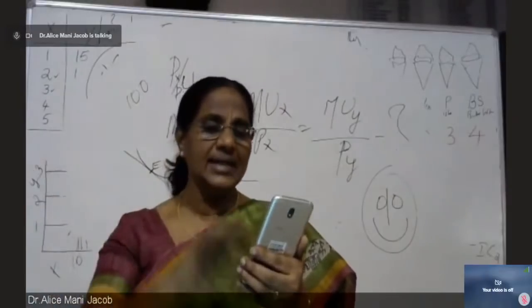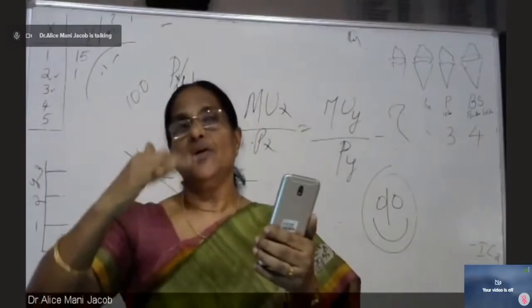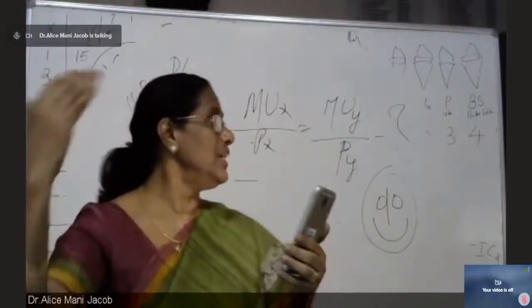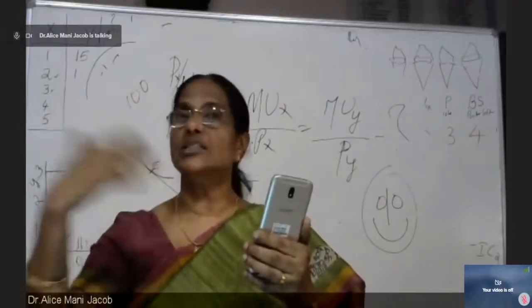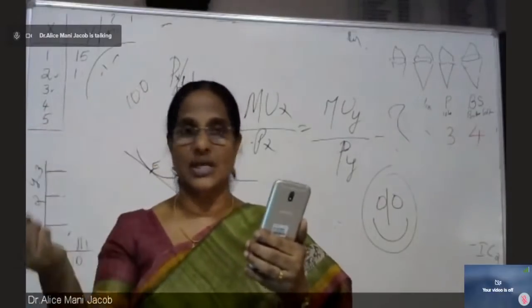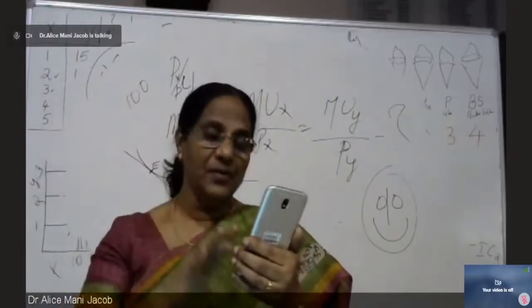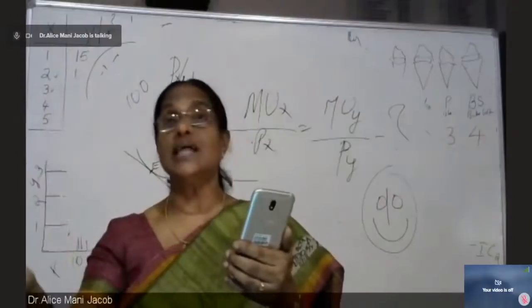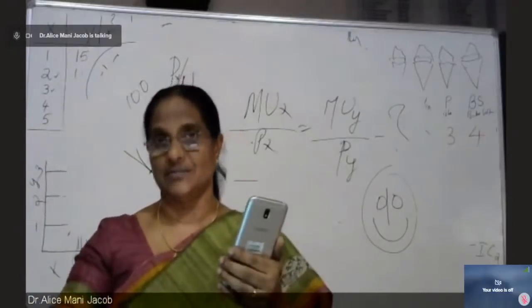We only say that a higher indifference curve is better. For example, the difference between IC1 and IC2, how much satisfaction difference is there? We are not saying. We only say that a higher indifference curve is preferred because it has greater satisfaction than a lower one. We don't assign numbers.